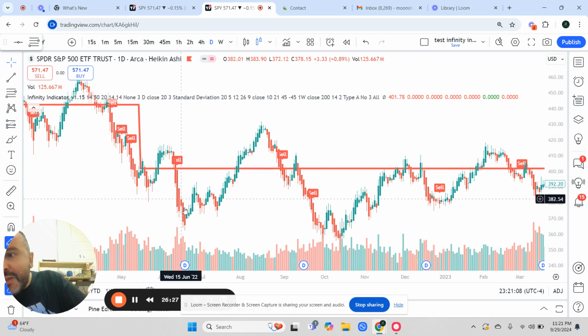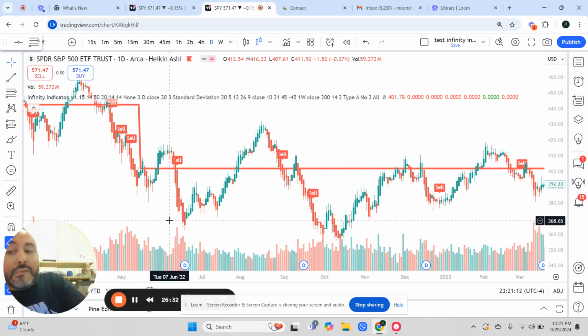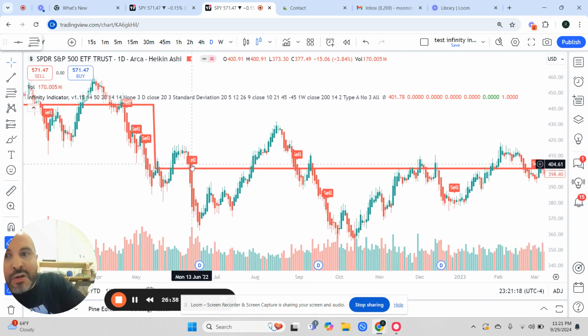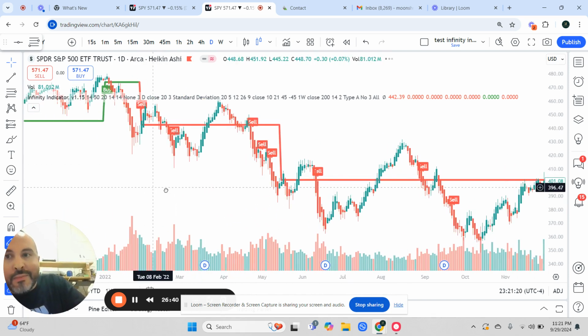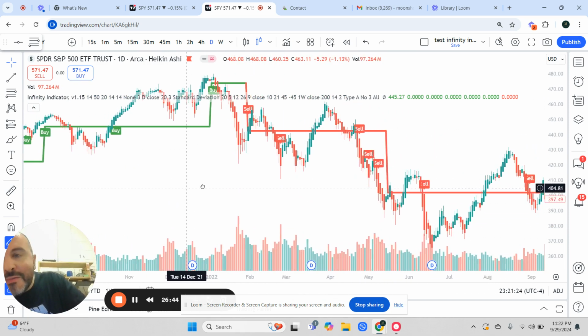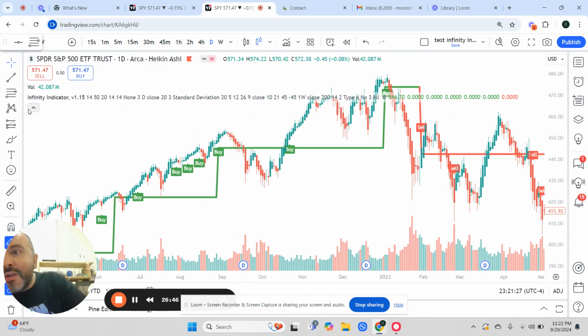So puts here would have paid tremendously. I'll just put it to you that way. At least in the triple digit returns in less than a week. This is why I kind of like using the higher time frame on, at least when it comes to the SPY. Okay.